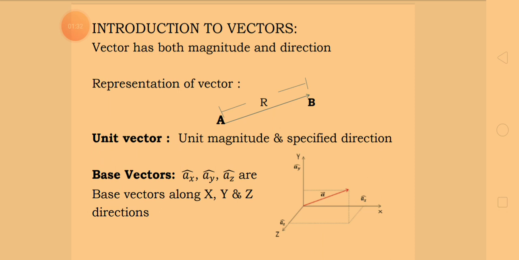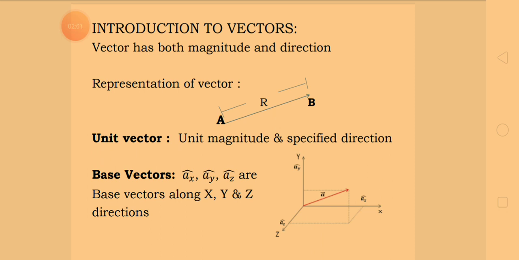Suppose F is the vector, then F equals R into AR cap, where AR cap represents the direction of that vector and R is the magnitude. So I can write the expression for the direction of that vector, AR cap, as vector F divided by R, the magnitude of the vector.